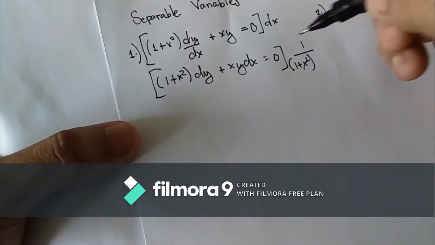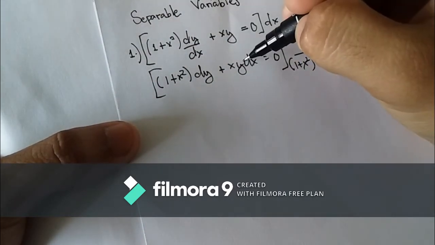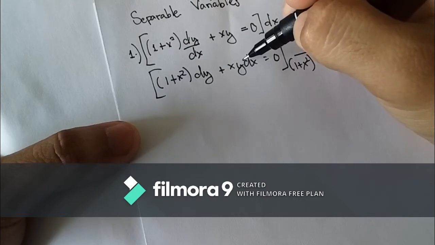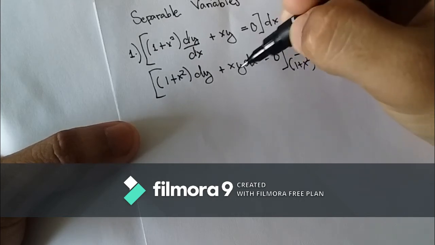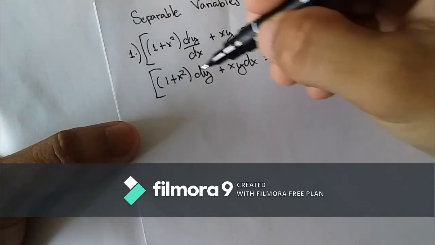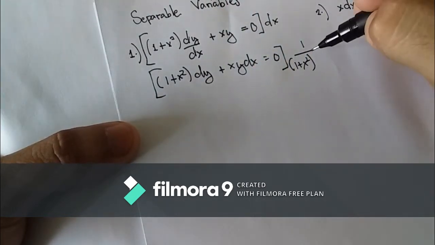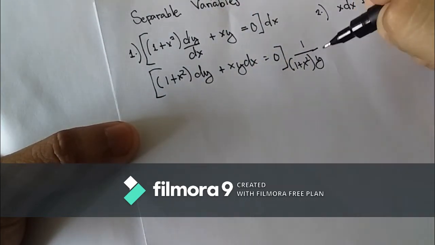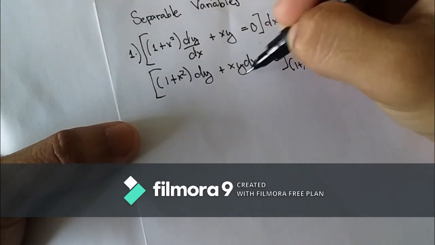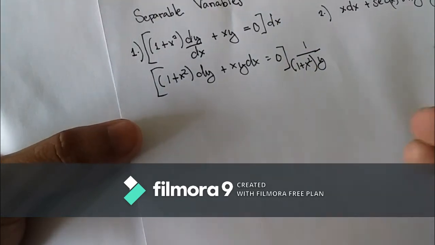Next, we also want to cancel out y in the x family and put it in dy, so of course we'll multiply also by 1 over y, so that the y will be cancelled also.